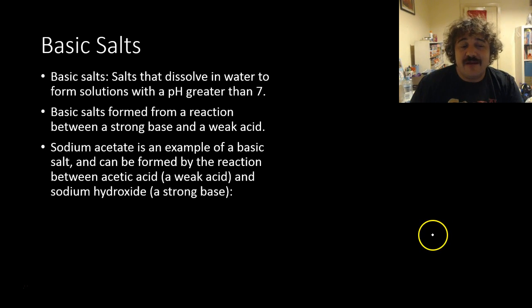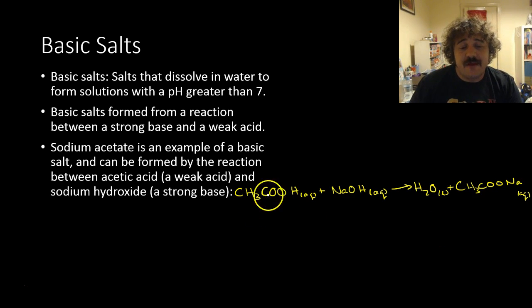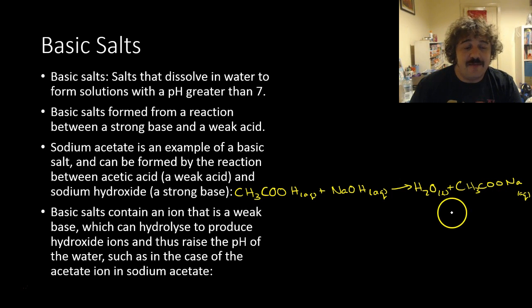We get that from putting acetic acid with sodium hydroxide, which is our strong base. Acetic acid is a weakly ionizing, partially ionizing acid. So here's our acetic acid, and we combine it with our sodium hydroxide, and this gives us water plus sodium acetate. And that's cool. Now let's have a look at what happens when we get sodium acetate.